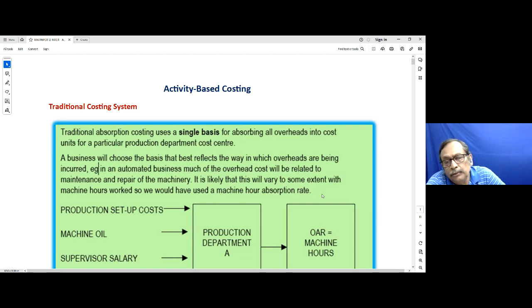Today you are going to start with activity-based costing. Now, I'm going to share the concept.